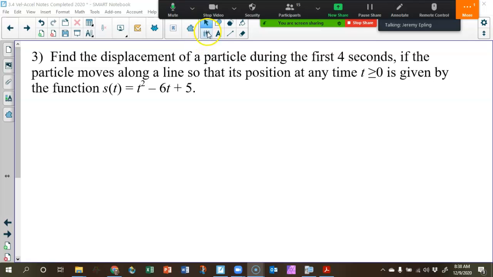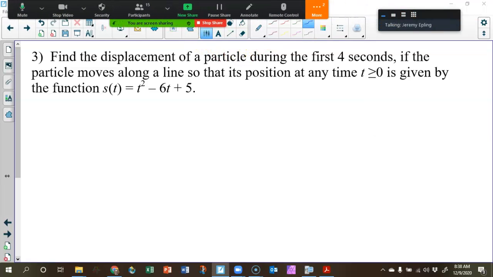Let's look at numbers 3 and 4. Now, it's not a requirement, but I think it's very, very helpful if you'll draw a picture. We've got this particle moving for 4 seconds. Well, we're looking at it for the first 4 seconds. And it's moving along a line. So give yourself just a simple little line so you can visualize what's happening.